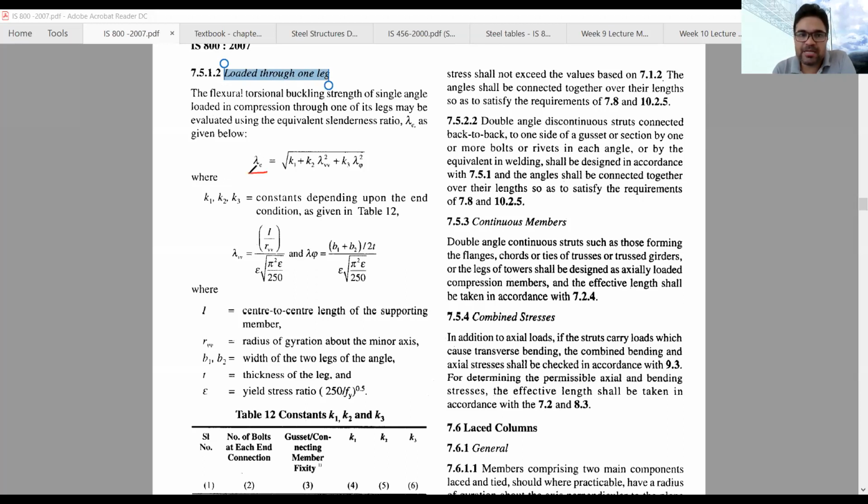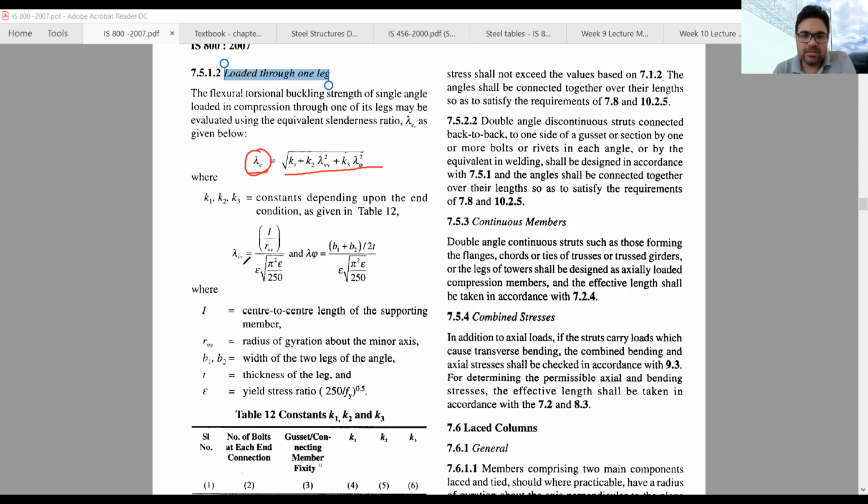The equivalent lambda can be calculated using this formula: K1 plus K2 lambda VV squared plus K3 lambda phi squared. We first find the equivalent lambda from this, then put this value in the FCD formula, and then we can find FCD.